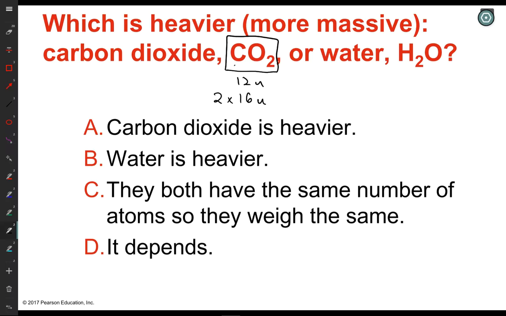So 16 times 2 is 32, plus 12 is 44 atomic mass units of carbon dioxide. The mass for water: 2 times the mass of hydrogen, which is 1 atomic mass unit, plus 1 times the mass of oxygen, which is 16. So we have 2 times 1 is 2, plus 16 is 18.